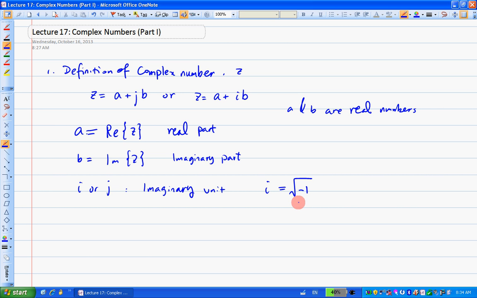So this is actually where this kind of untraditional thing comes into the picture, because in old times, when people were looking at the mathematics, anything under a square root has to be greater than 0, right? But then sometimes some guy, I don't know which guy, came up with the idea, how about the square root of -1? Or how about the square root of a negative number? Then what do we do?